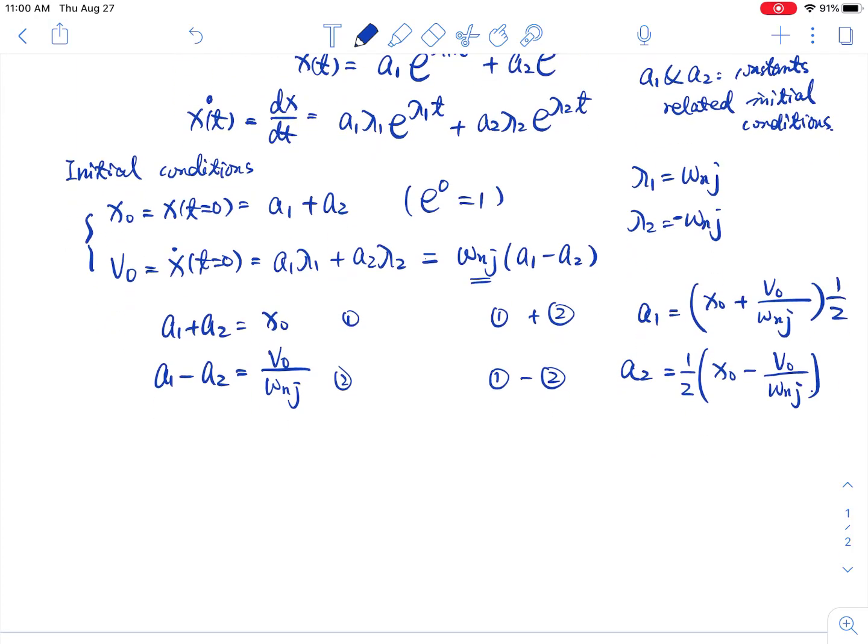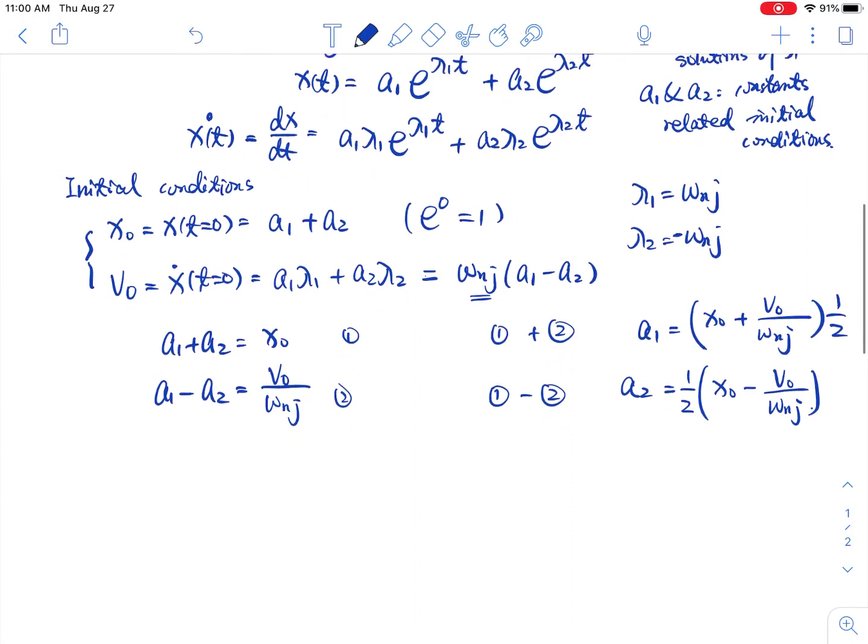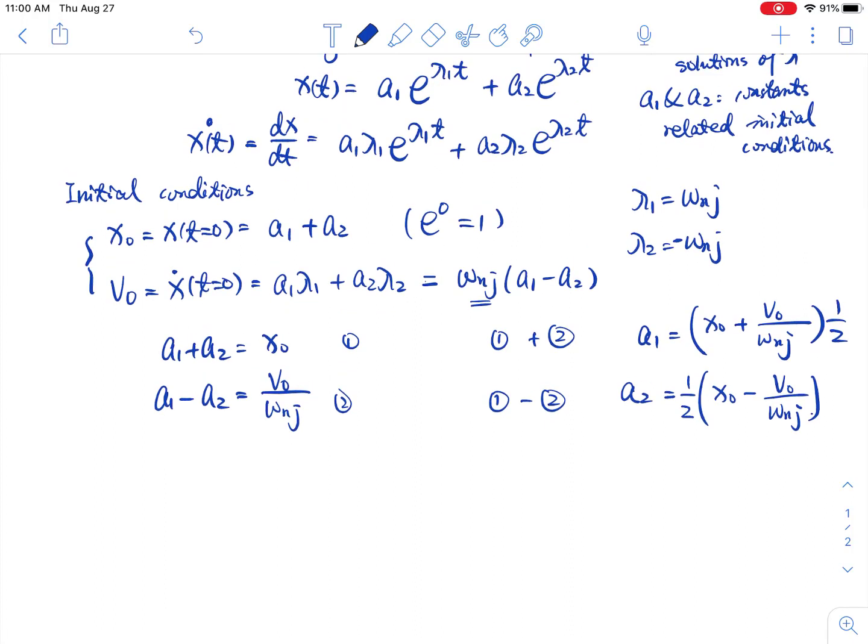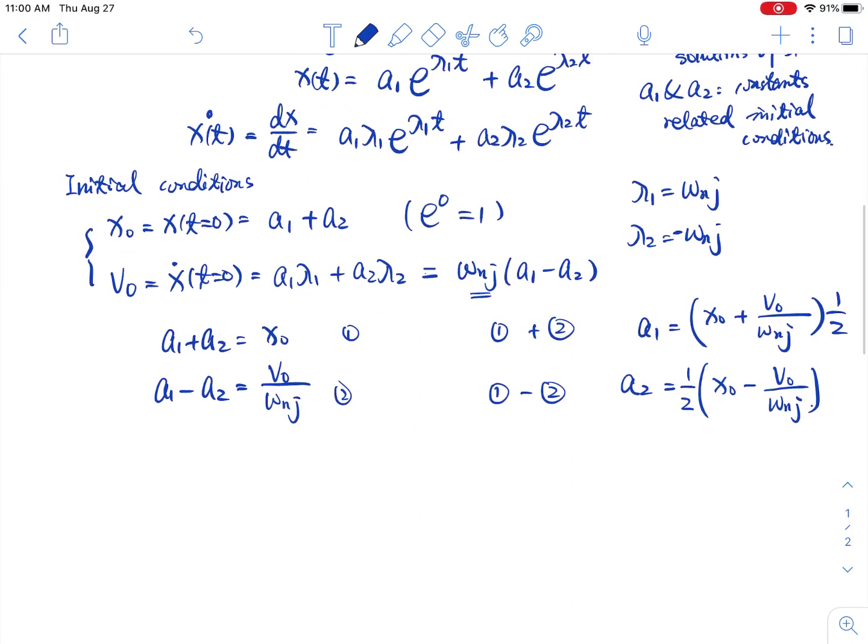And after that, you can plug your a1 and a2 back into your x(t). But we usually want to write x(t) in the format of a standard sinusoidal equation.